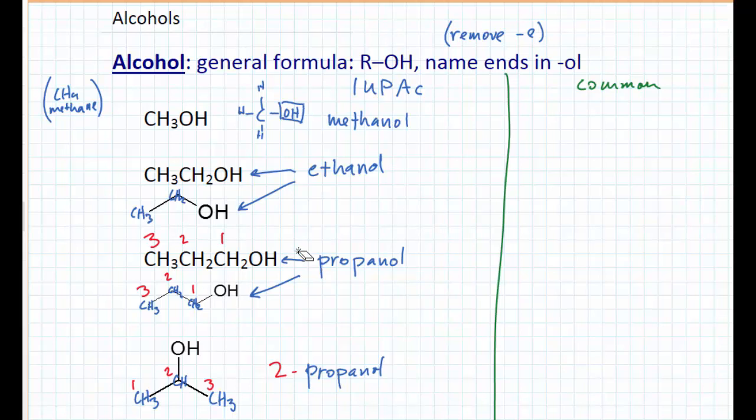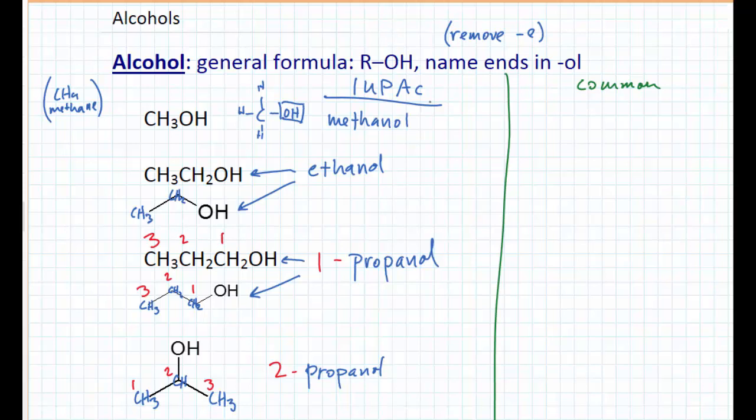What would this one be called then? Yeah, should have left myself a little room, but yeah, that is 1-propanol. Okay. The IUPAC name, remember that's sort of the standard rule-based name that uses a number to show the location of a functional group if there are options for where it could be.